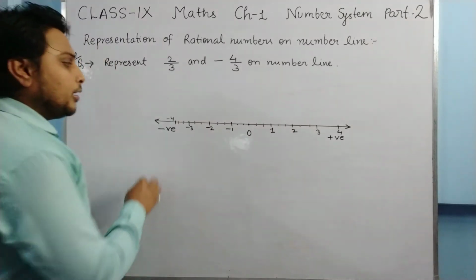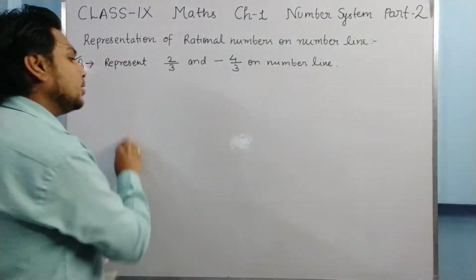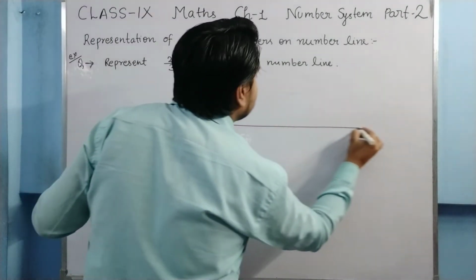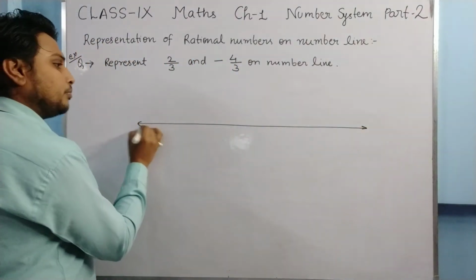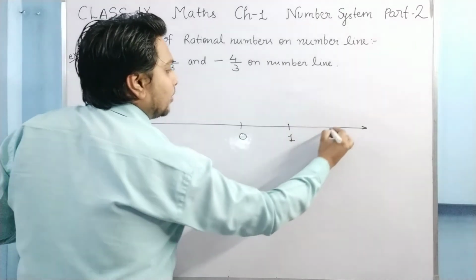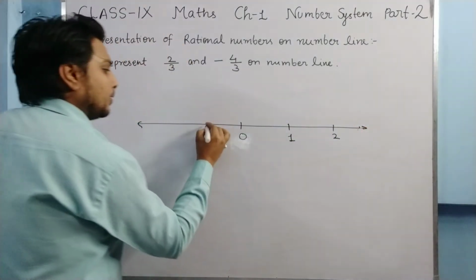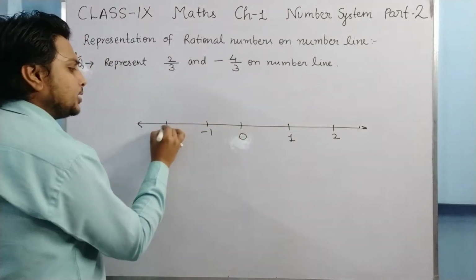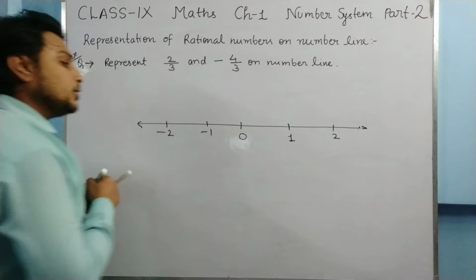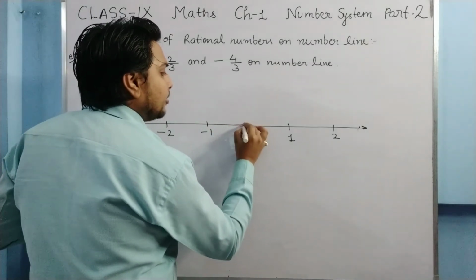If we see one more figure, I am going to make it so that it is clear to you. Maybe the figure is smaller. It is minus 1 and it is minus 2. Now you can see the figure clearly.